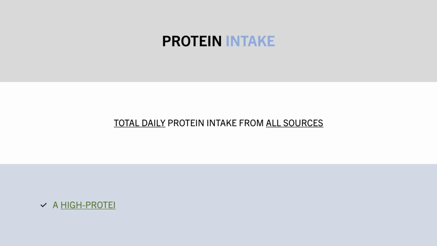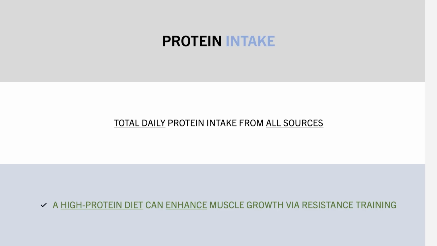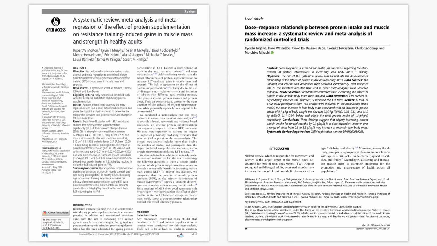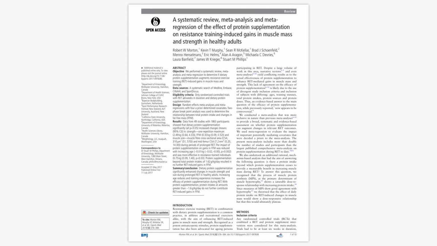In general, a higher protein diet tends to result in superior muscle growth via resistance training compared with a lower protein diet. But how much protein should we aim to consume? We have 2 meta-analyses that we can look at to make an informed decision. First is this meta-analysis, which aimed to establish the relationship between protein supplementation and gains in fat-free mass via resistance training.